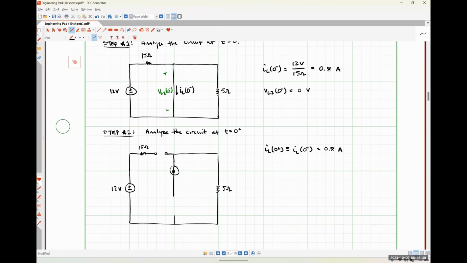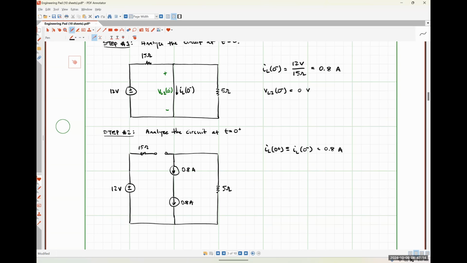So I'm going to put a current source flowing down for both of my inductors. The current source has to have the same direction as our inductor currents, and it also has to have the same magnitude, so these will both be 0.8 amp sources.